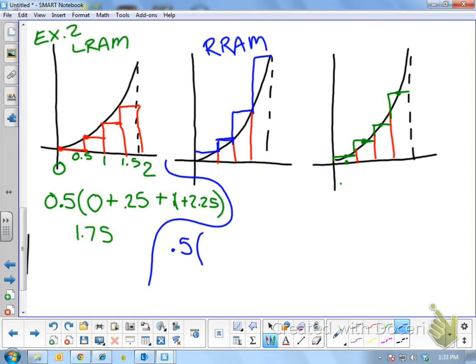So what's our first height if we're starting with 1/2 squared? 0.25. Then we add 1 squared. Then we add 1.5 squared, which we already had when we did LRAM. Plus, sorry, we're only going to 2. 2 squared, which is 4.